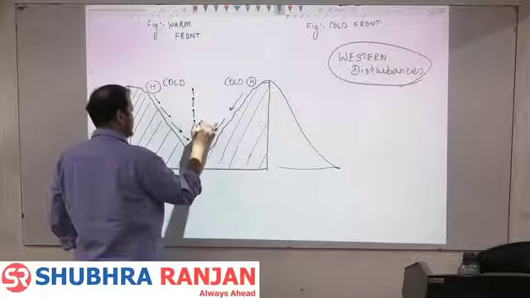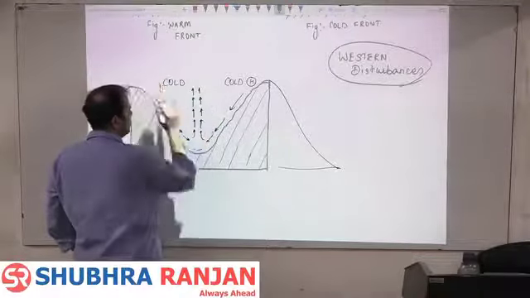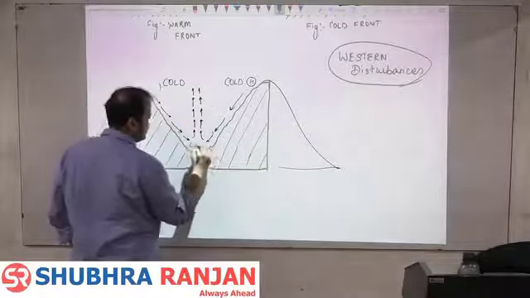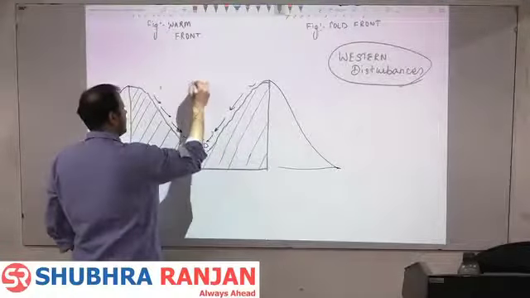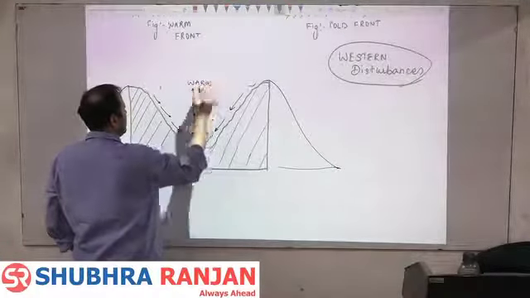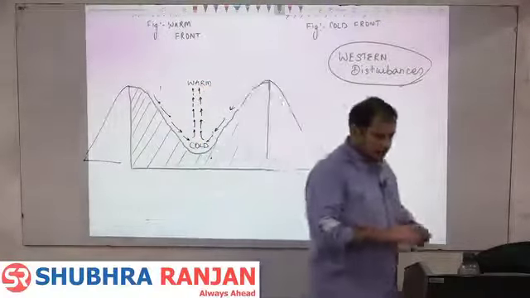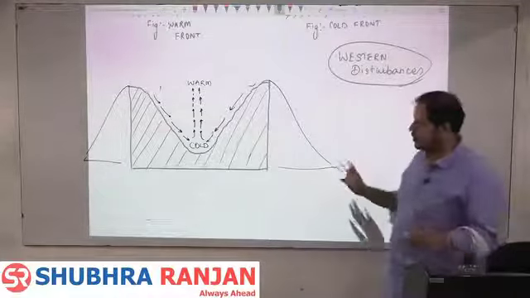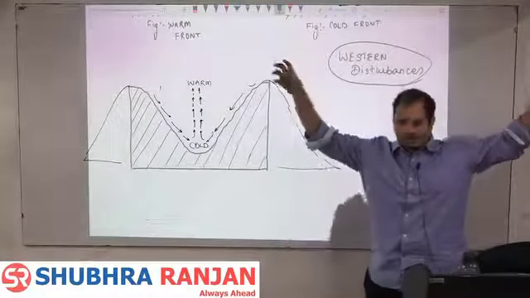So ultimately, this region will become cold and this region will become warm, and we will call this valley inversion. The upper air becomes colder due to gravity and is pulled downwards.